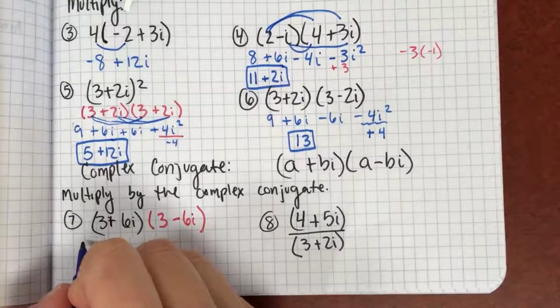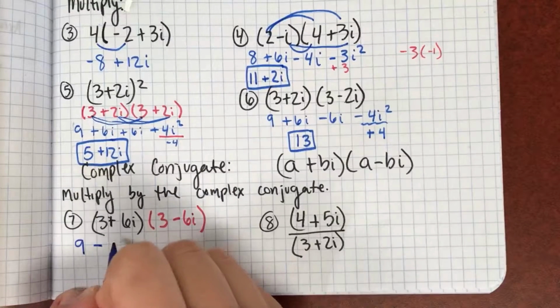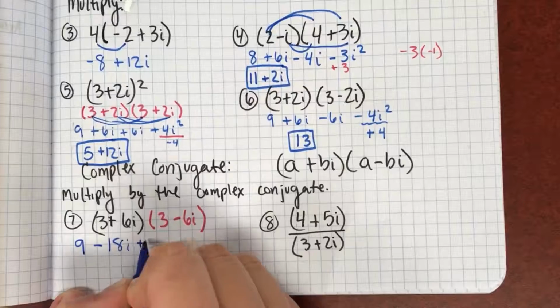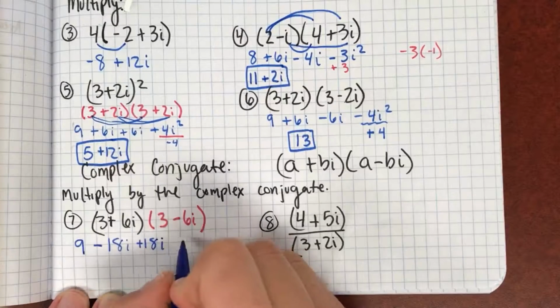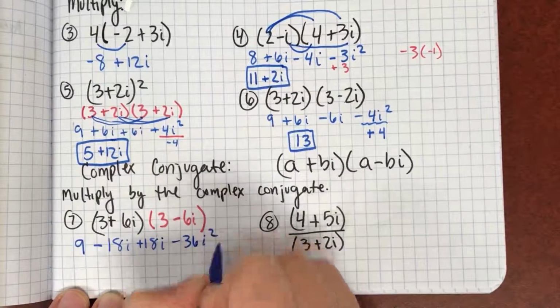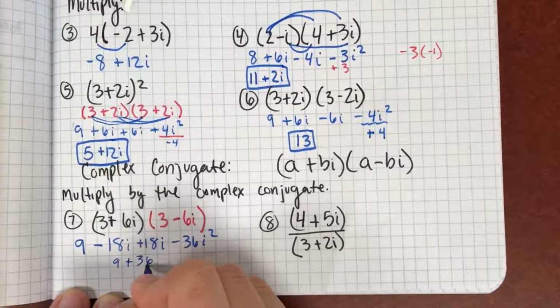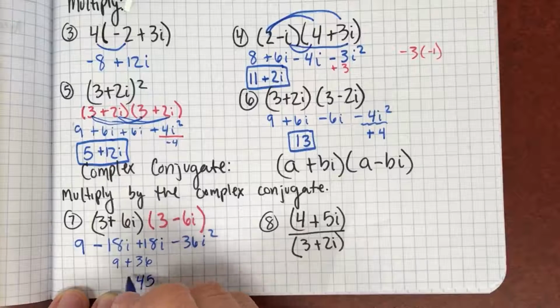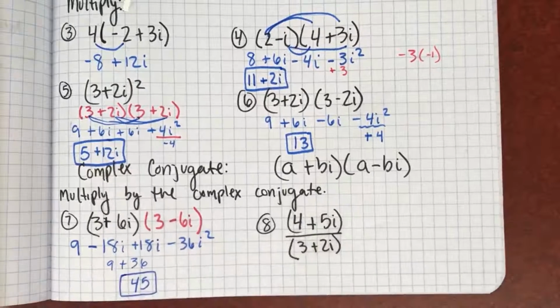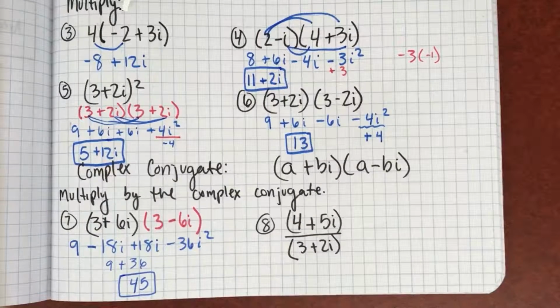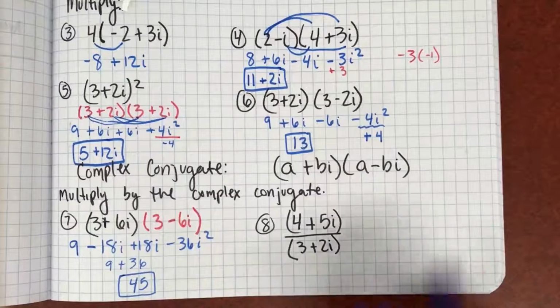When we multiply, we've got 9, minus 18i plus 18i, and minus 36i squared. This would simplify to 9 plus 36, which is 45. You can always check your answers on your calculator.